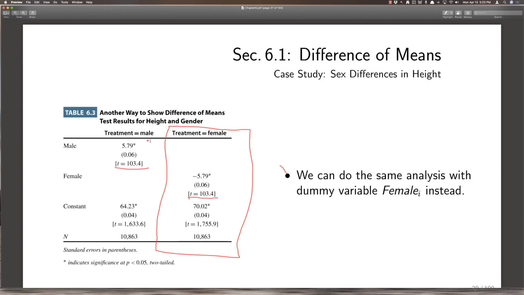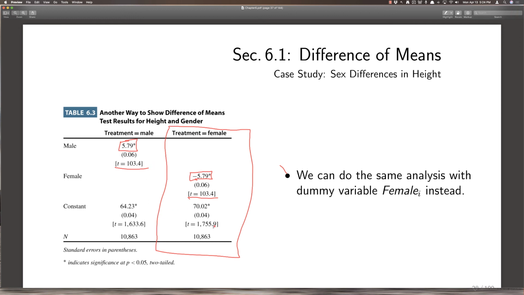It's because these are mathematically coming from the exact same information. The difference between the two groups is the same. Here, the males were on average 5.79 inches taller. Here, the females on average are 5.79 inches shorter. And because there's only two groups in this data set, those are mirror images of one another.